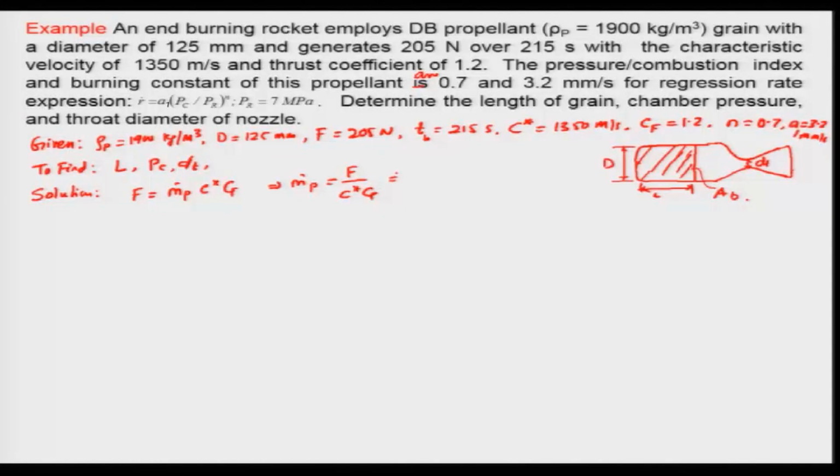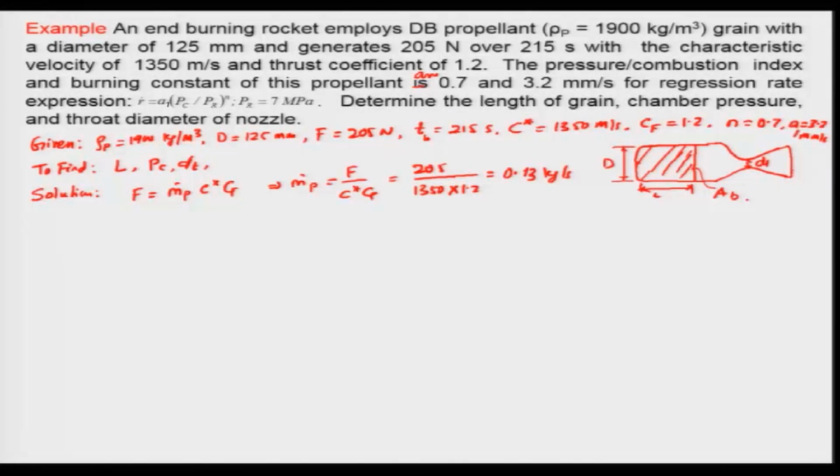F is equal to 205 and 1350 into 1.2, you will get 0.13 kg per second basically.